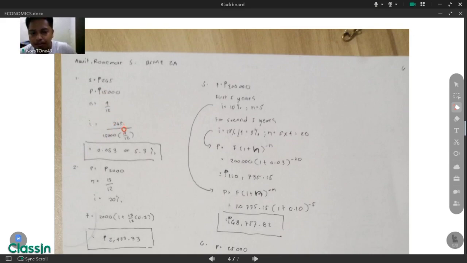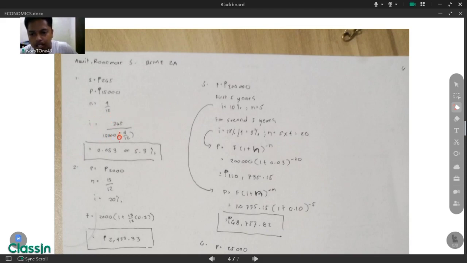Since we're finding the interest rate, going back to the formula, I equals Pin, we just derive it.